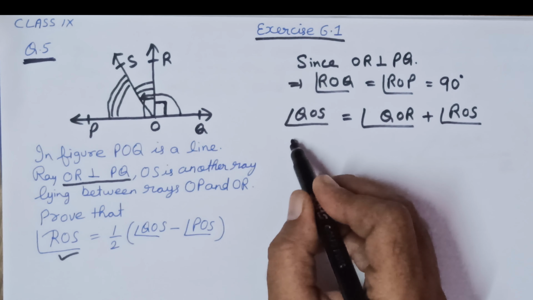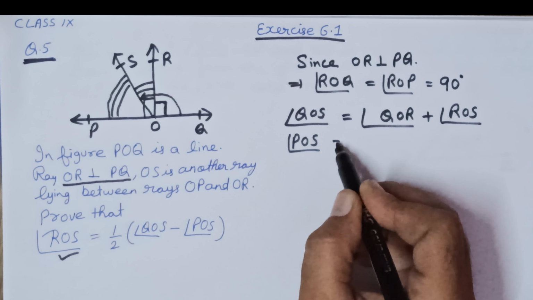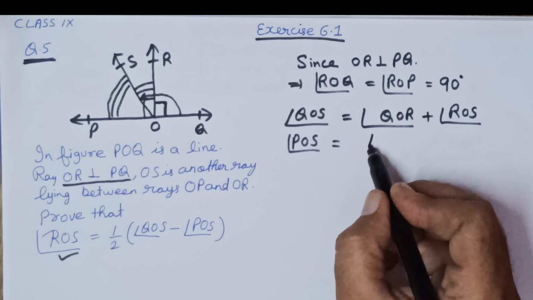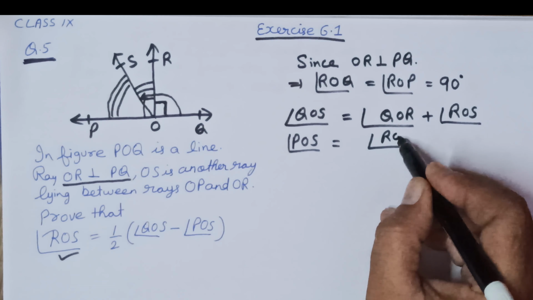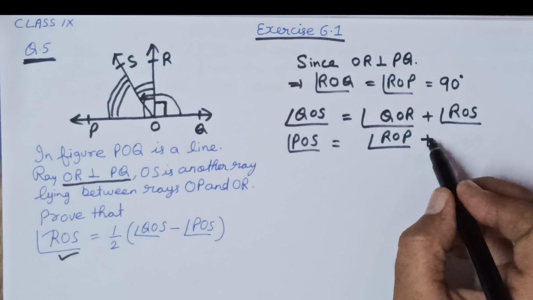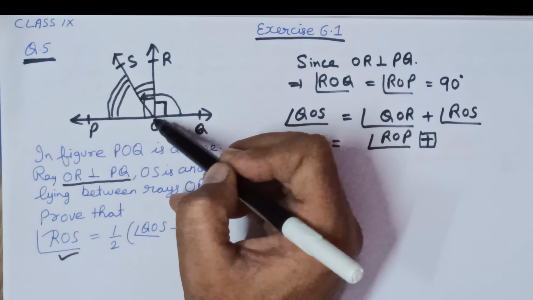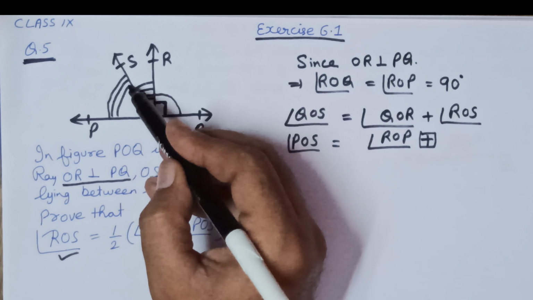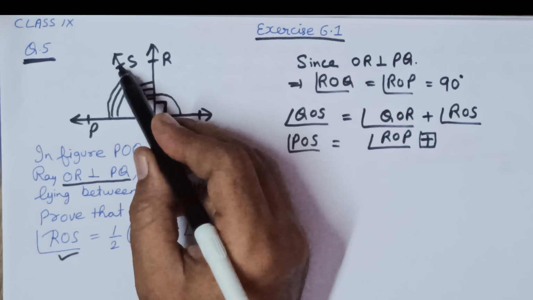Second one is POS. Again see, this can be written as ROP, not plus, see, again ROP. I want this very angle. I am to subtract ROS.